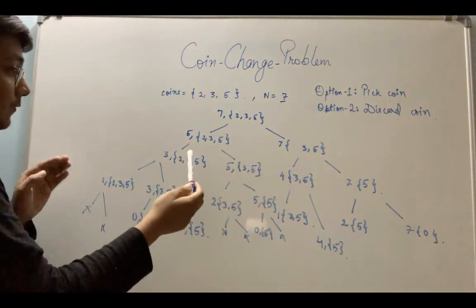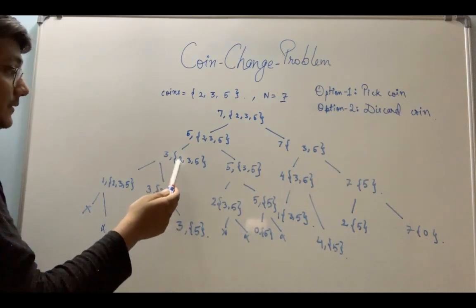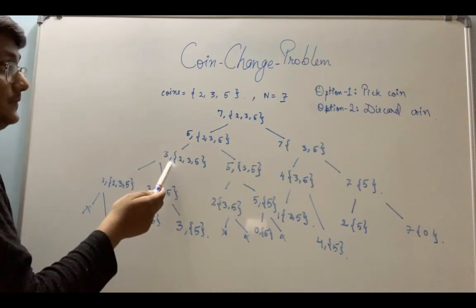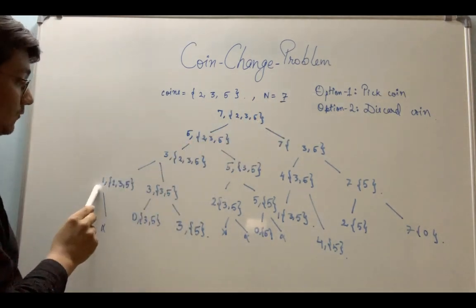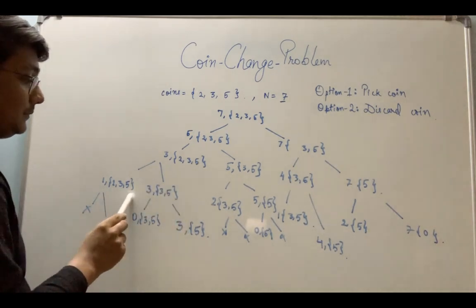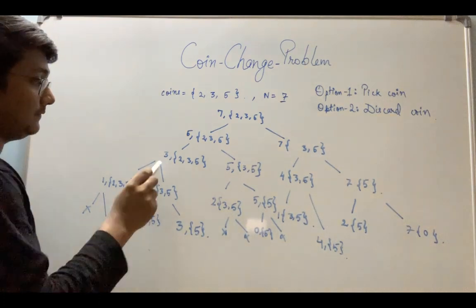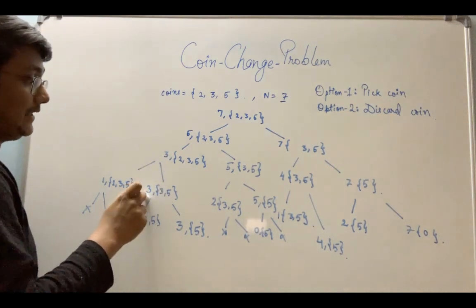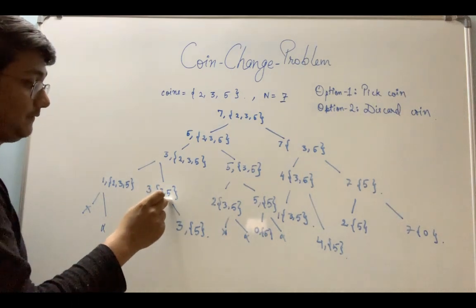If we go one layer down again, you will see that we are subtracting 2 from 3 because we are picking the coin as per option 1, which makes it 1, and we keep the same set of coin denominations. On the other side, if we discard 2, the 3 remains the same because we are not picking any coin, and we have a reduced set of coin denominations, 3 and 5.